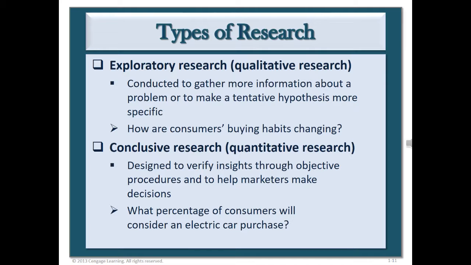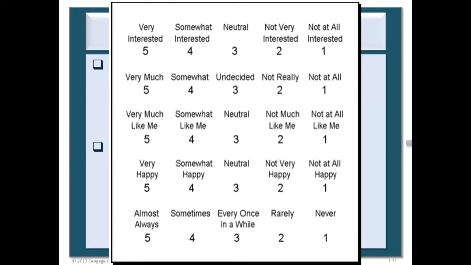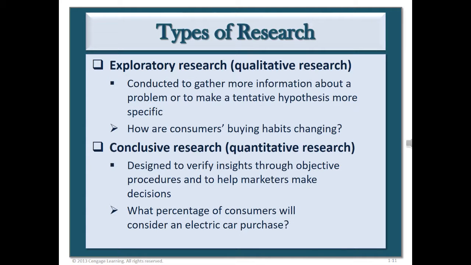If you were to stop and be asked to take a survey where you were to select a number on a Likert scale that you very much agree, very much disagree, and you're going to select a 1, 2, 3, 4, or 5, that is considered quantitative research or conclusive research.